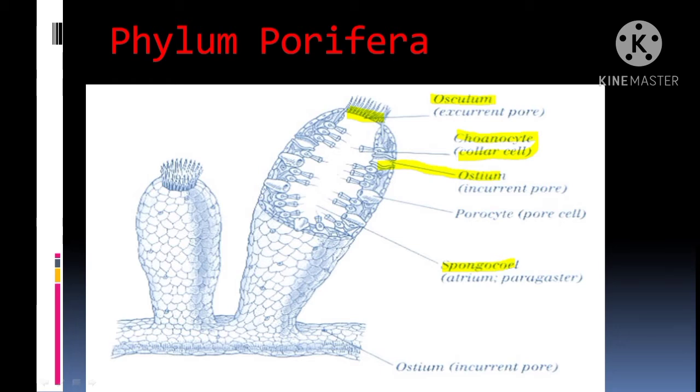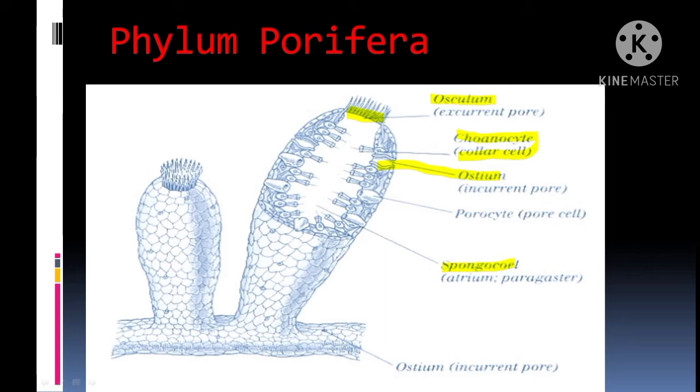Water is circulated in the body through the canal system. During its circulation, cells of the animal body absorb food, exchange respiratory gases and release excretory products. The reproduction of Porifera takes place asexually as well as sexually.